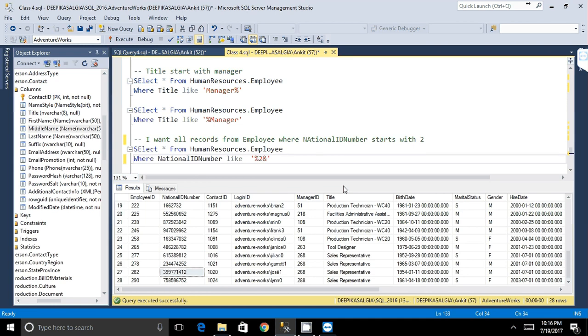What now if I do this? If I put the percent at the start and at the end, what would this make?